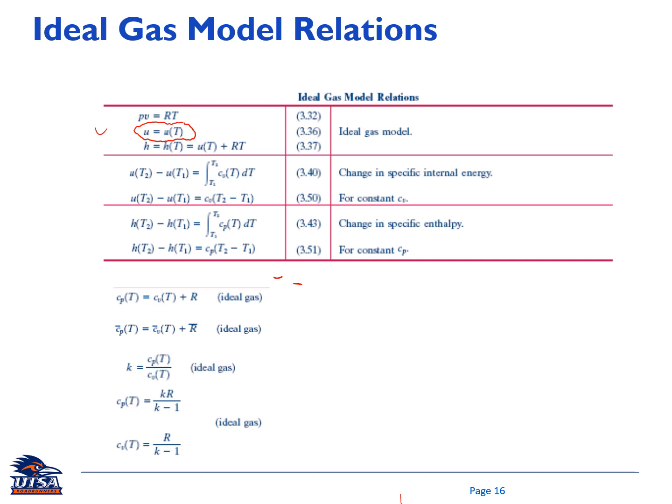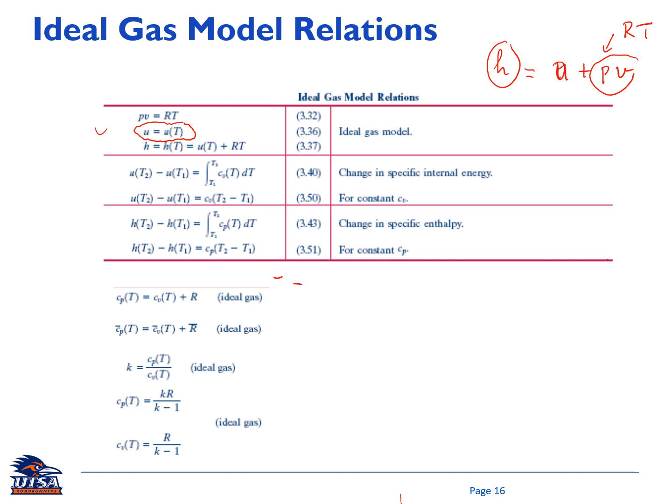If you remember, H equal to U plus PV. So U is a function of temperature, and then this PV you can replace by RT. Thus H is also a function of temperature only.